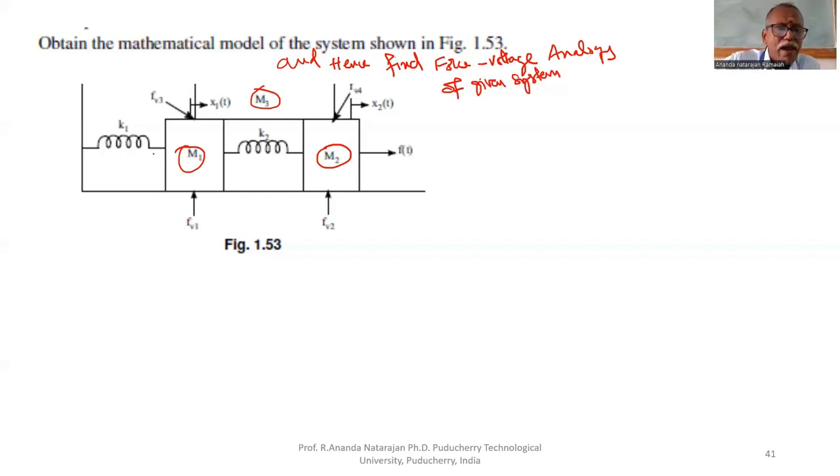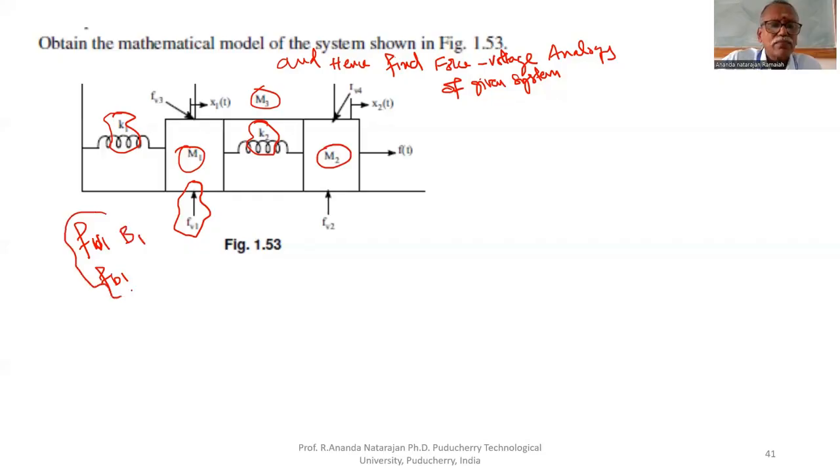Here, what are the forces acting on M1? Because of K1, because of K2, and FV1, FB1, or simply B1.